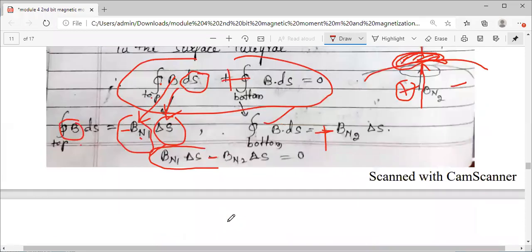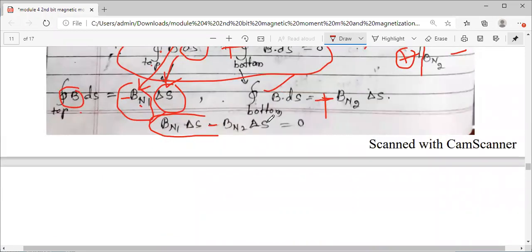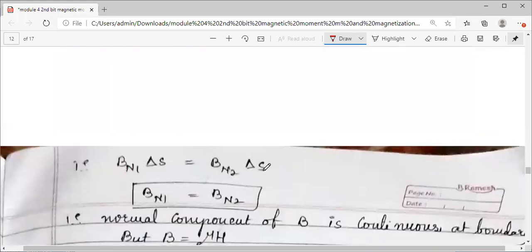So if that is the case, just equate them. ये negative है, ये term को आप RHS में ले जाओ. Both are equal, so delta S gets cancelled. So Bn1 is equal to Bn2. Means B, flux density, N, normal component, both are equal.